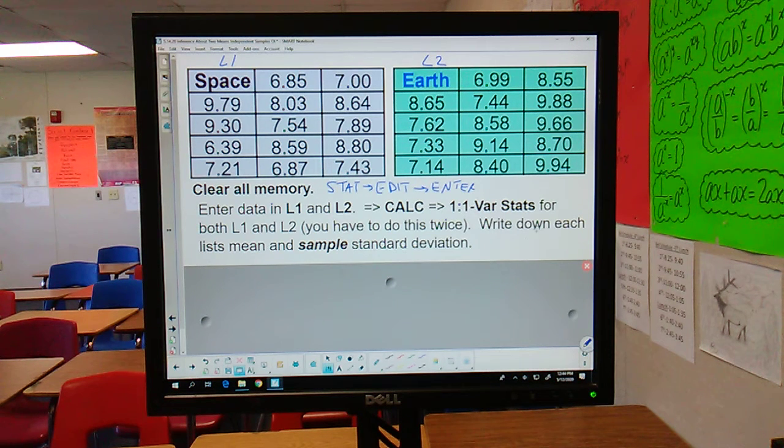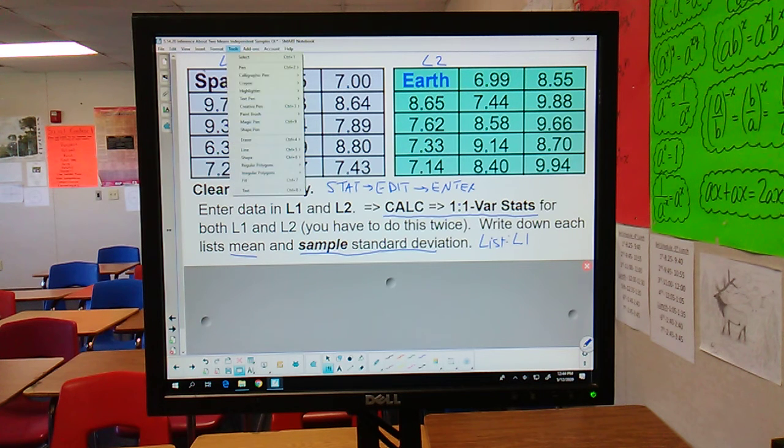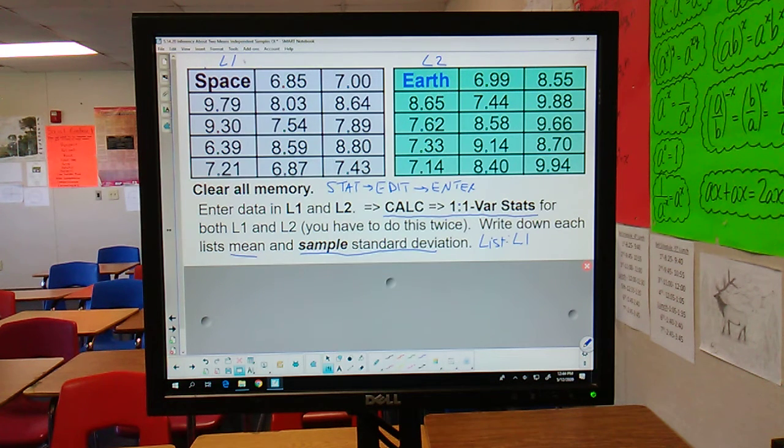Now, once you get all that put in, you're going to go to calculate one variable stats, and you'll see list in there, and list should probably come up L1. Well, that'll be all the information to get the mean and sample standard deviation for list 1, the space rats, okay?